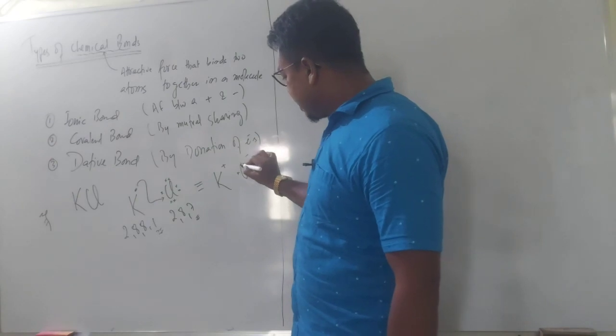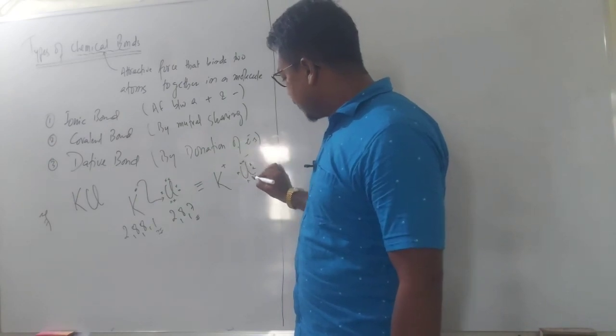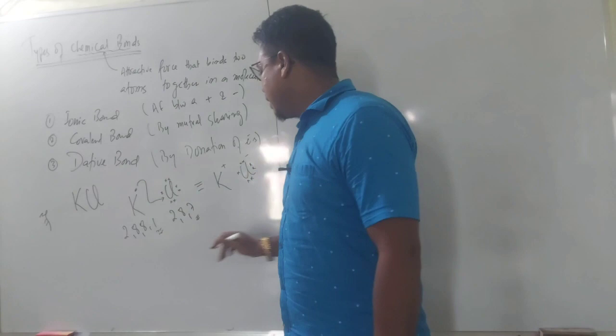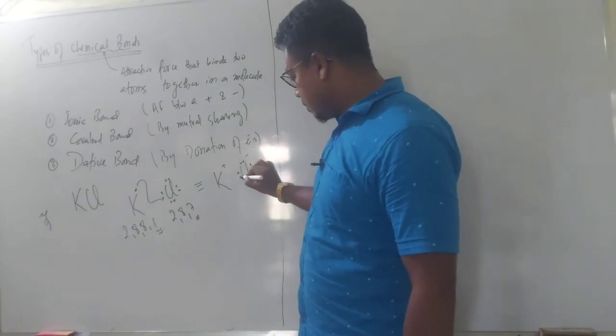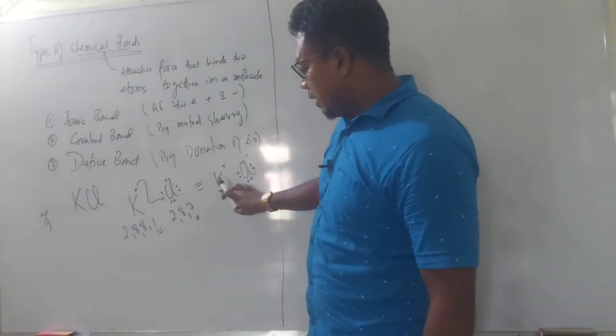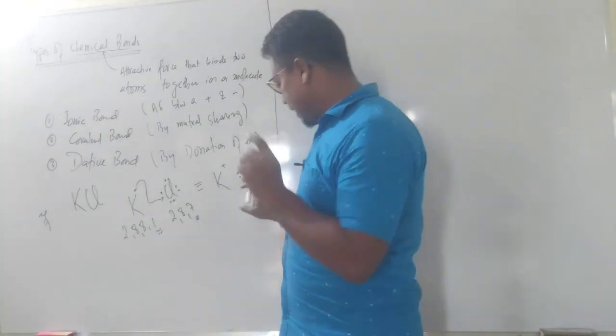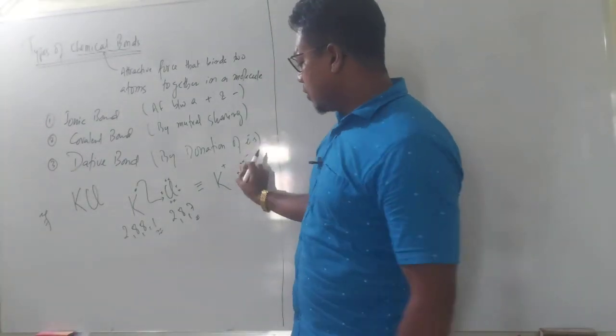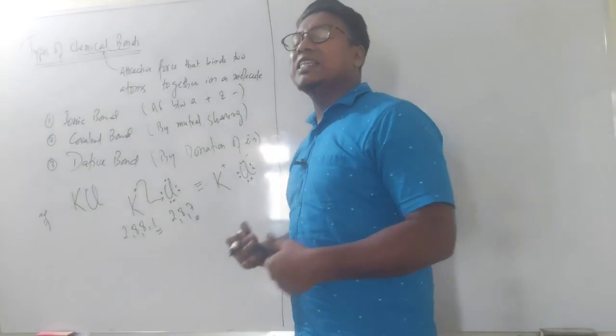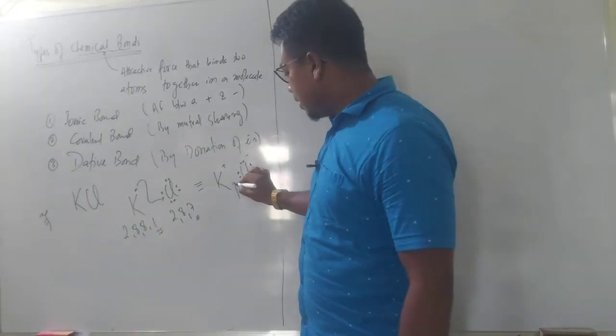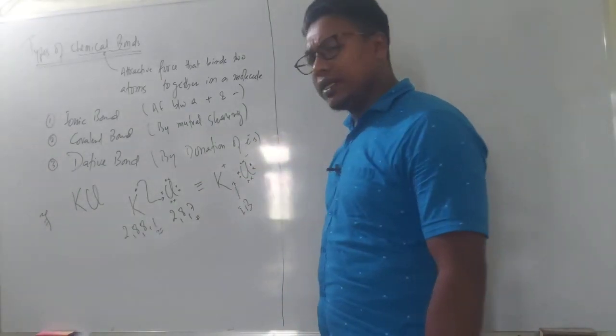So these are the valence electrons of chlorine. After accepting one electron from potassium, this becomes chloride ion. So it results in the formation of a cation and anion. So the attraction between these two oppositely charged ions is nothing but ionic bond, right?